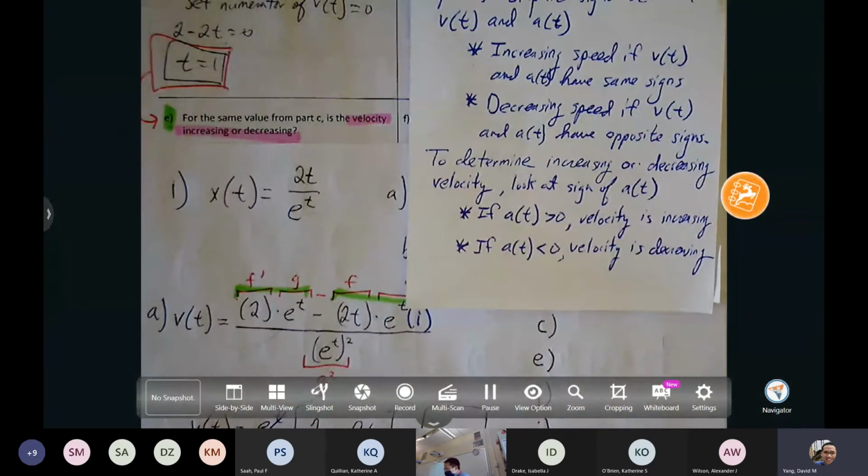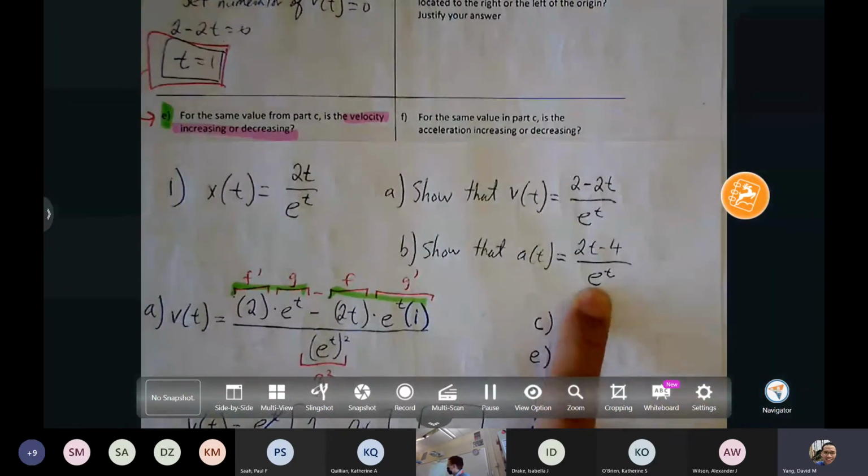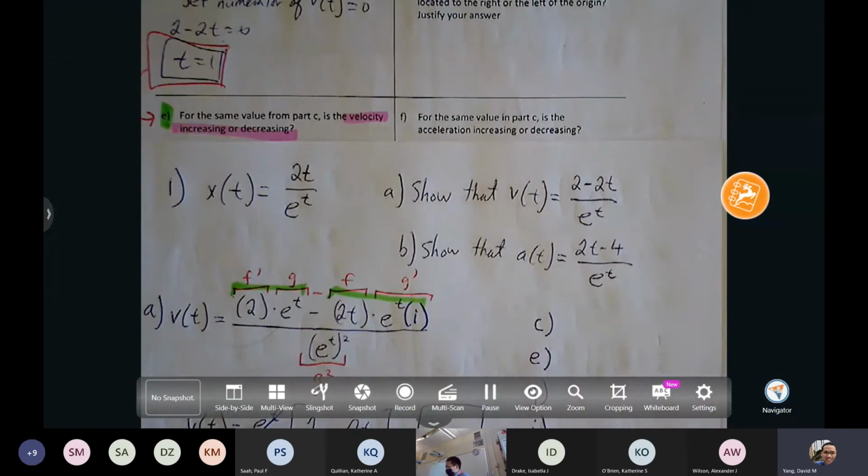So, what's the sign of acceleration at t equals 1? Positive or negative? Negative, right? So therefore, velocity is decreasing.